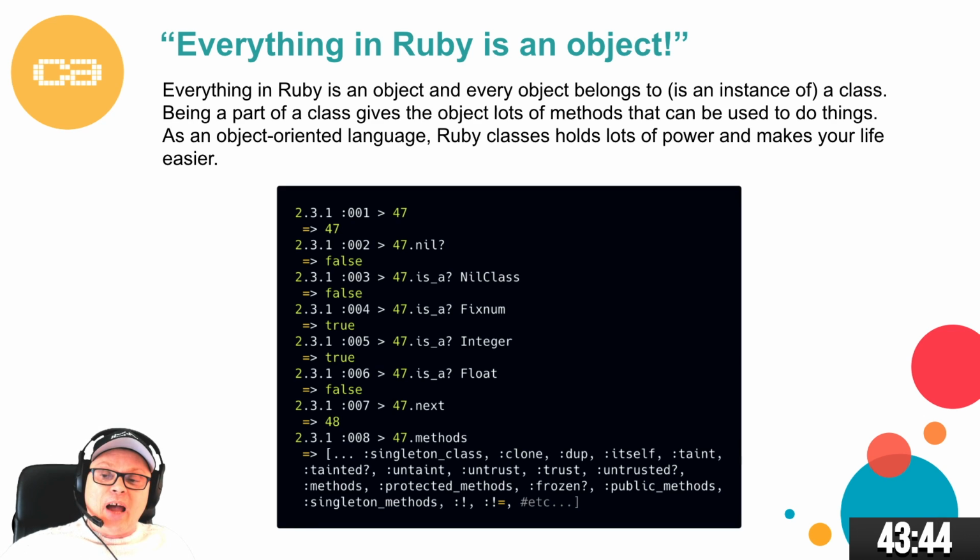However, if we ask Ruby if 47 is a Fixnum or an Integer, then we get true, because it is actually a Fixnum or an Integer or even a number nowadays. There is another class, I think, in Ruby nowadays. However, if we ask if 47 is a Float, then we get false. And does anyone know the difference between floats and integers in any programming language? Nope.